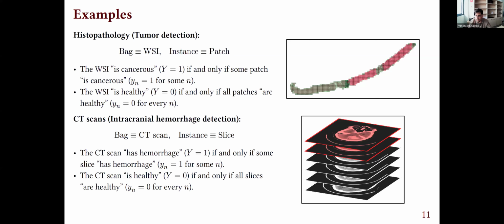A CT scan has hemorrhage somewhere if there is at least one slice that shows evidence of hemorrhage. There are many more, especially in the medical field. There are many applications of this phenomenon. But as I said, we're going to be interested in histopathology.